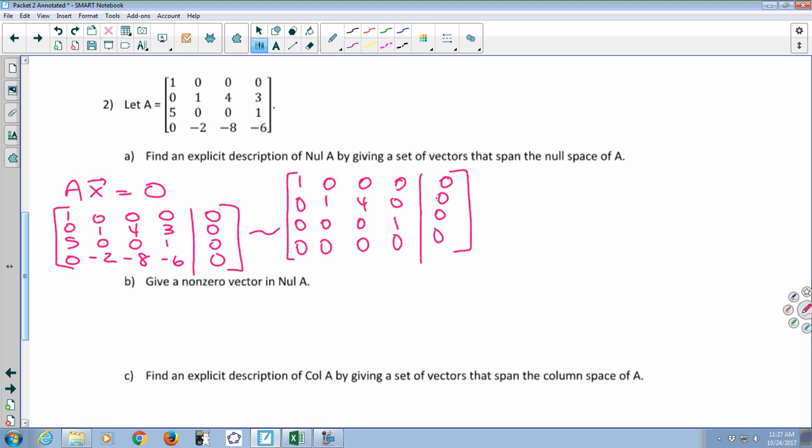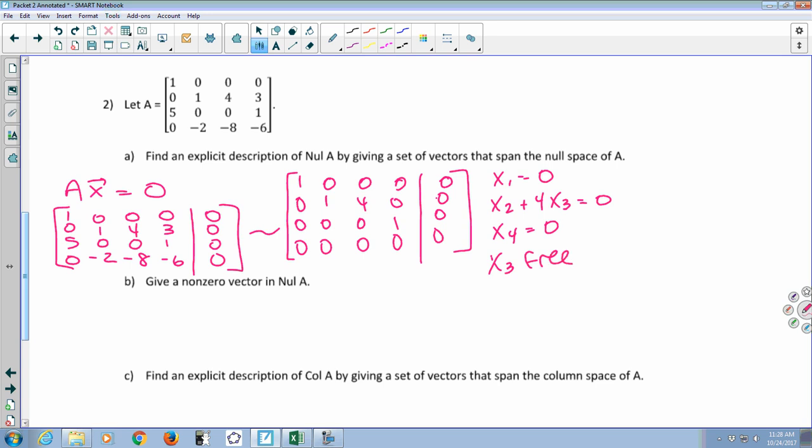All right, so if I translate this augmented matrix back to equations, this says x1 is 0, x2 plus 4x3 is 0, and x4 is 0. And what's free? Which of my variables? X3 is the free variable. That's the only column without a pivot in it. So x3 is free.